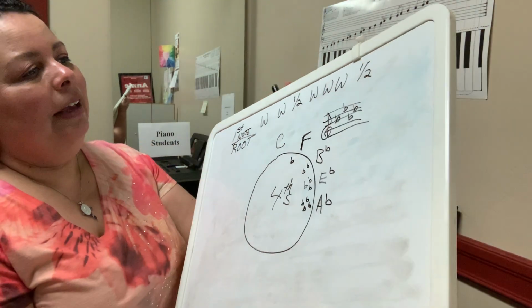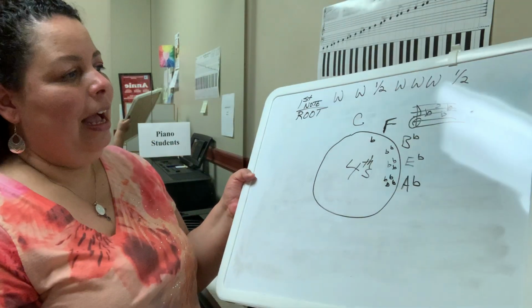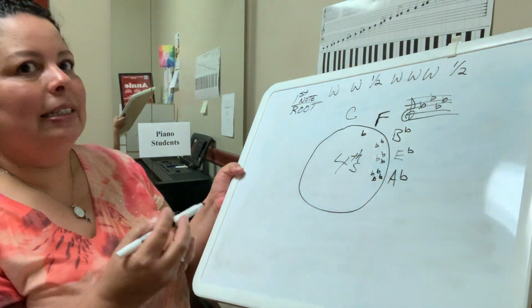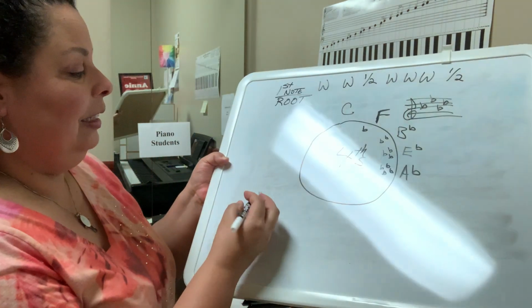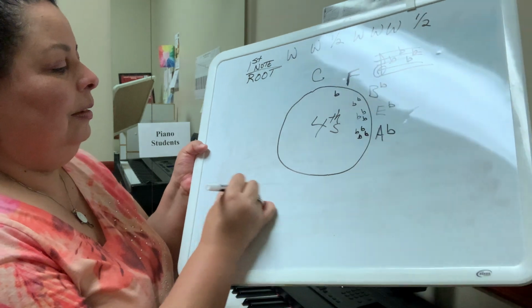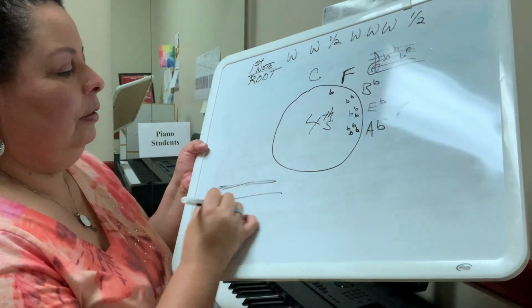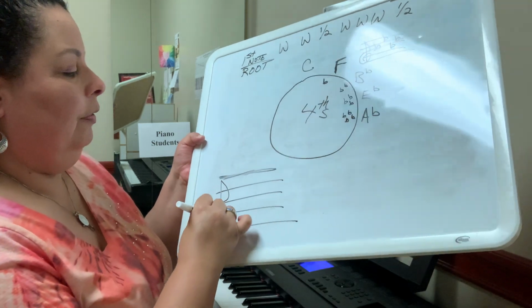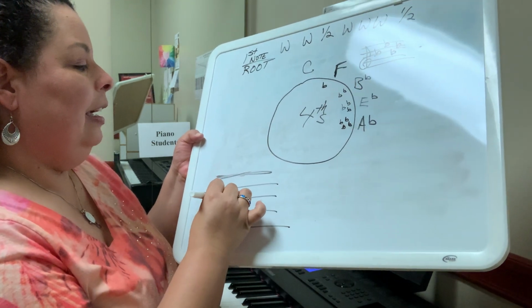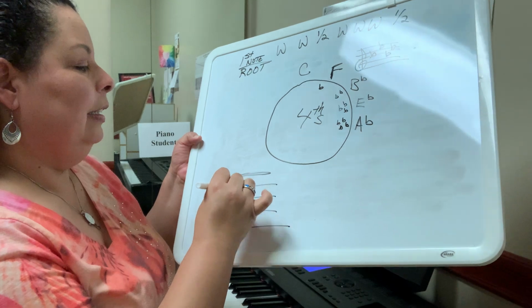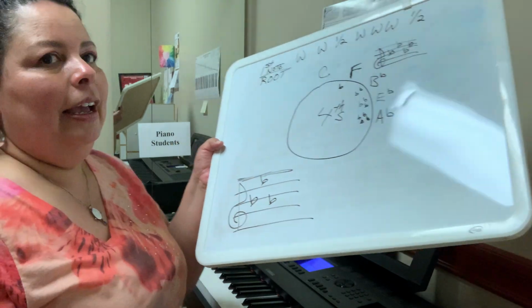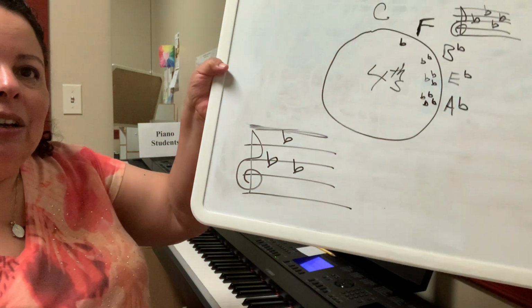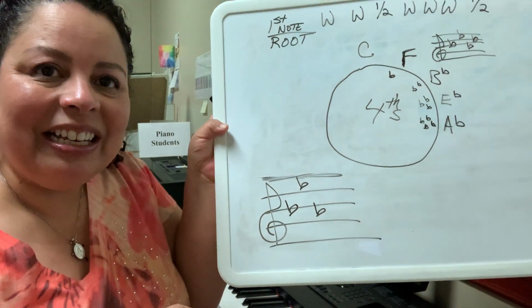So if you're starting out with a set of flats in a key signature, here's treble clef. Say you have your 3 flats here, and your teacher says, okay, what key signature is this?